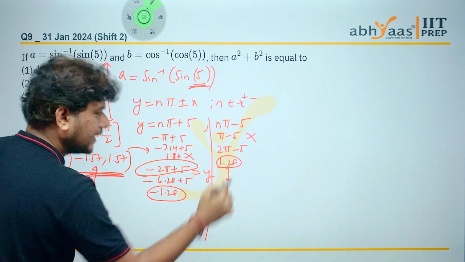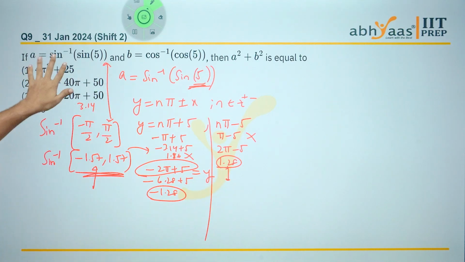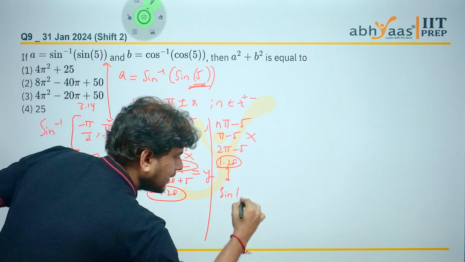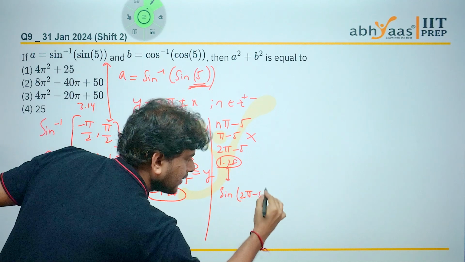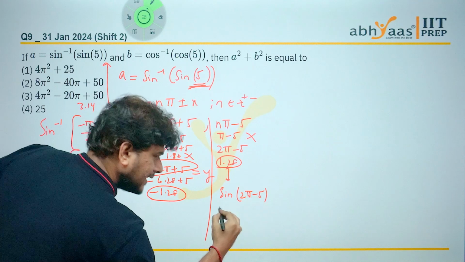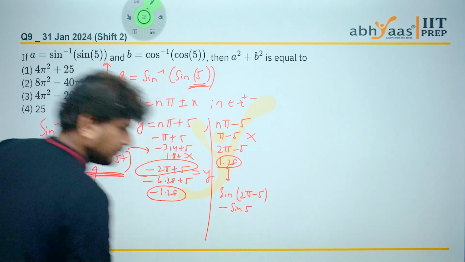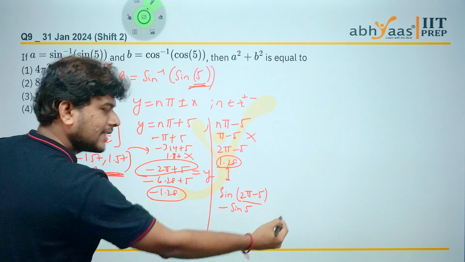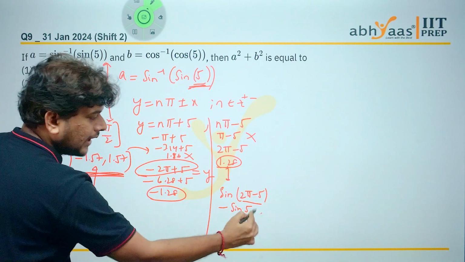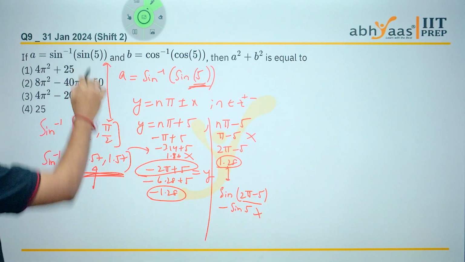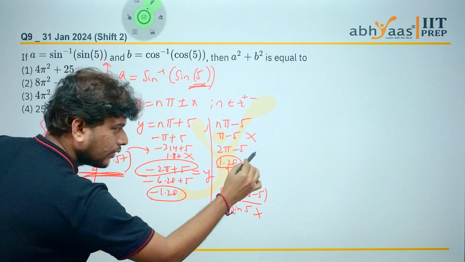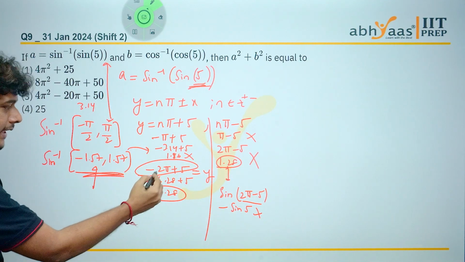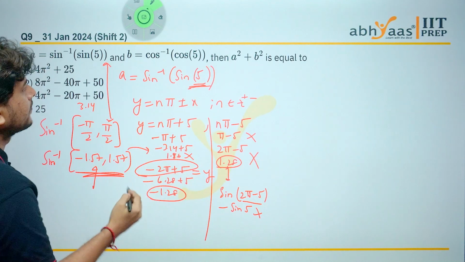But if you think, we were given sine, right? So sine of 2 pi minus 5 is minus sine 5. This falls under the fourth quadrant. So sine 2 pi minus theta is minus sine theta. And we were given only sine 5, not minus sine 5. So we are not going to take this value. We are only considering this value, that is minus 2 pi plus 5.